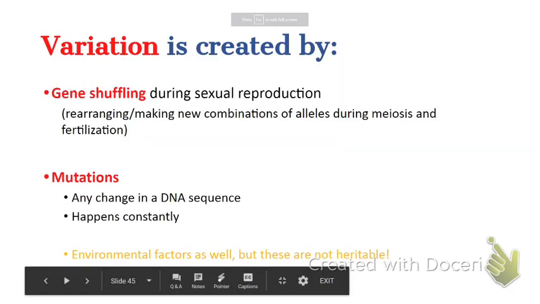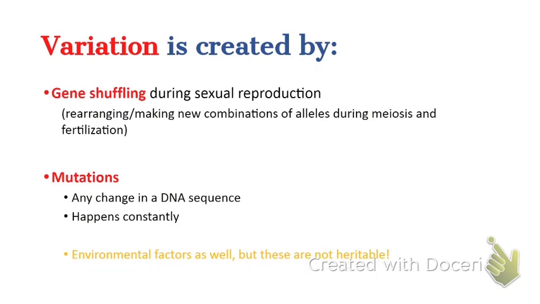So how do you create variation? Remember, variation is one of the essential components for natural selection. Well, there are 2 ways. One is gene shuffling, and the other is mutation. Gene shuffling just occurs during sexual reproduction. You get half your genes from mom, half from dad. But notice each sibling doesn't get the same half from mom or the same half from dad.